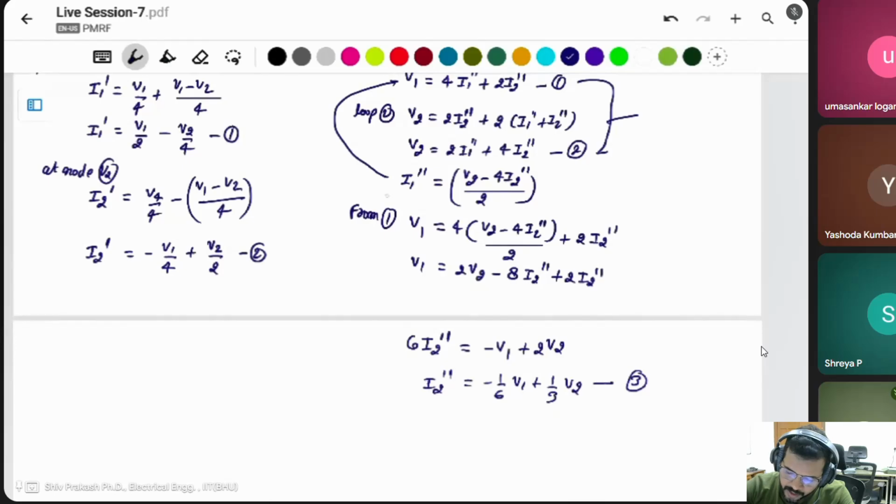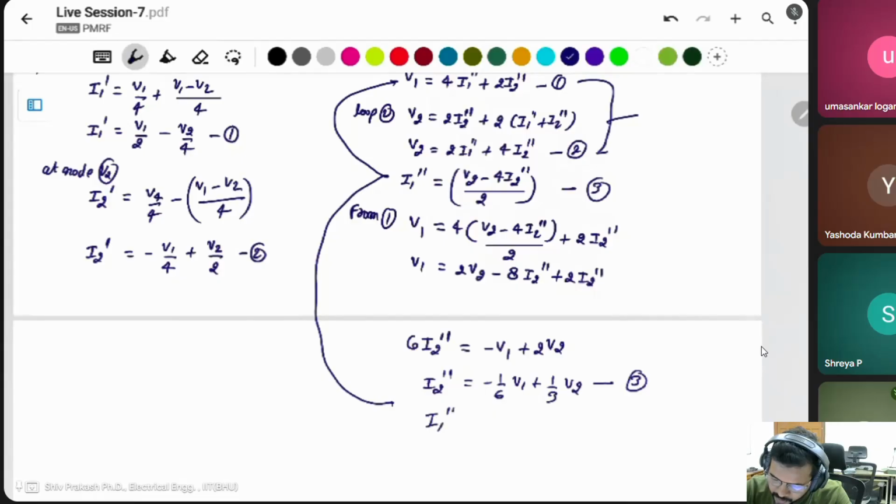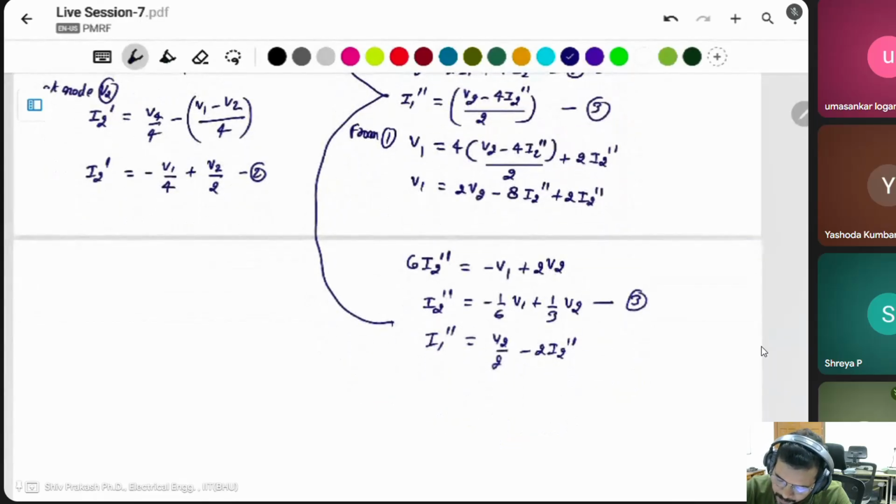Okay, I put this here also. You have to find I1 double dash and put it here. V2 by 2 plus, minus of this will be 2 I2 double dash. V2 by 2 minus 2 times I2 double dash. What is I2 double dash? It will be minus 1 by 6 V1 plus 1 by 3 V2.